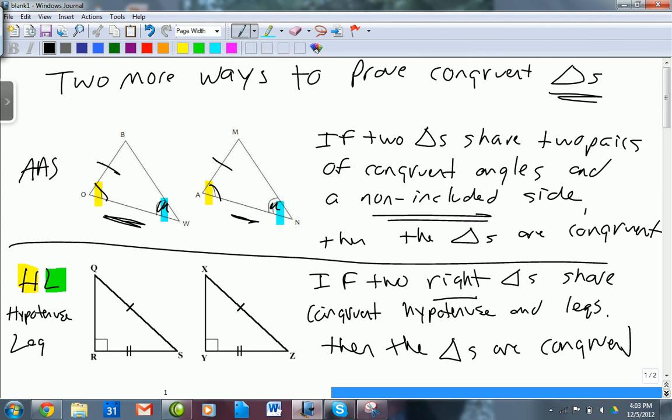It's called HL because H is for hypotenuse, and we need congruent legs. That's why it's called HL.